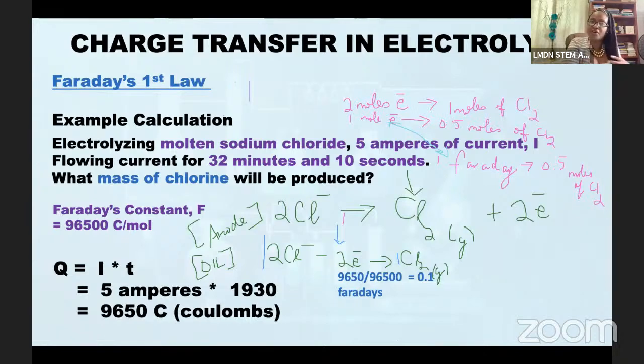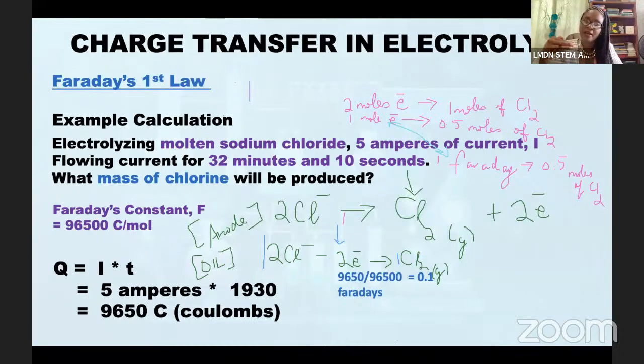Let me know if you're confused or if this is clearer, because now we're going to move on to the next step, which is to say, we determined that we have 0.1 Faradays, right? Because what I just wrote up top is a general basic thing, based on what we know about Faraday's constant and our chlorine, that's the general stoichiometric ratio it should follow.